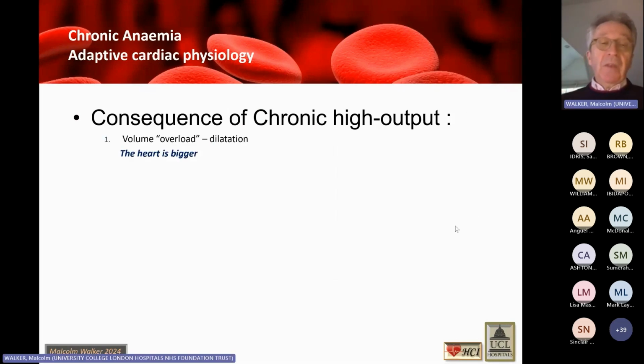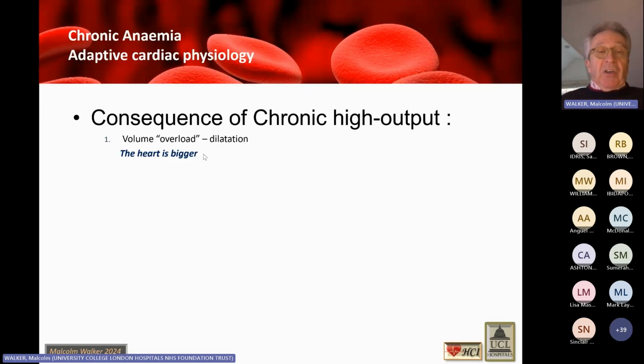One of the things that happens here is that the heart is chronically volume overloaded, and that causes dilatation in order to compensate for the anemia. Hearts are bigger. Why do I emphasize that? Because so many of our patients in the sickle community and other hemoglobinopathies go along to have a chest x-ray having developed a chest infection.